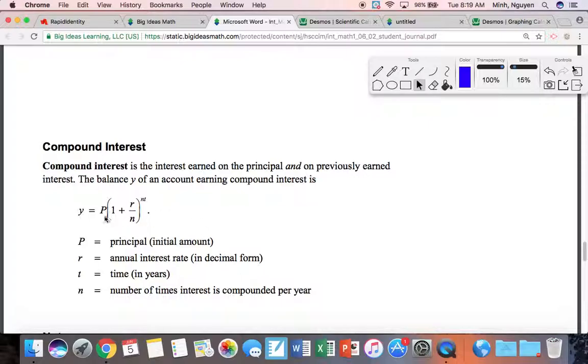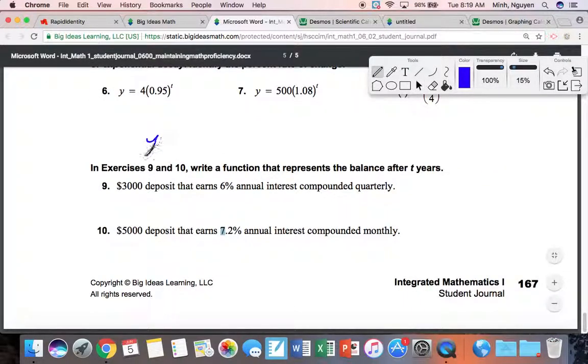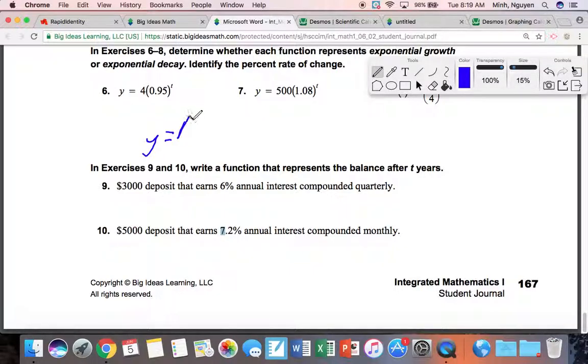Y equals principal, parentheses, 1 plus r over n, close parentheses, to the n times t power. So I'll just copy that over here. Y equals principal times 1 plus r rate to the nt. So now we just have to identify our p, our r, our n, and our t.